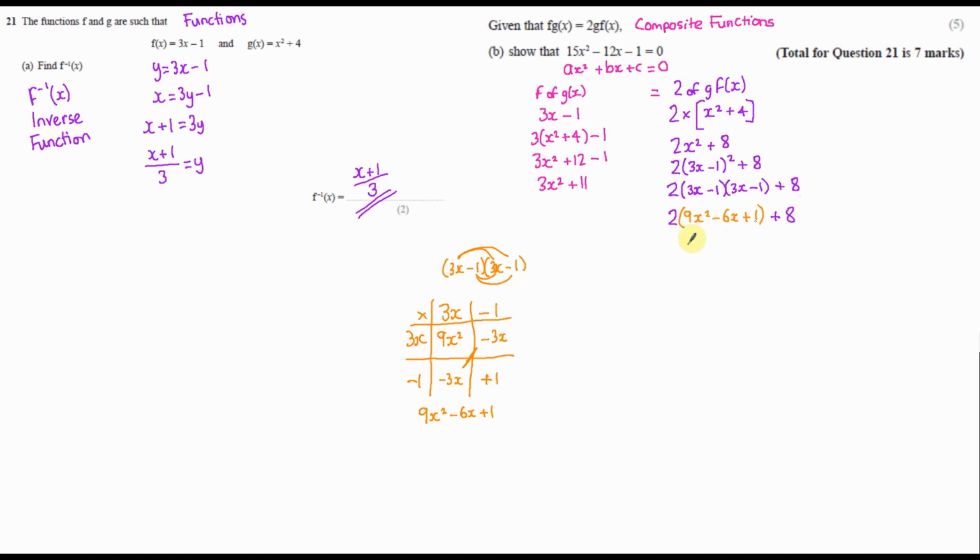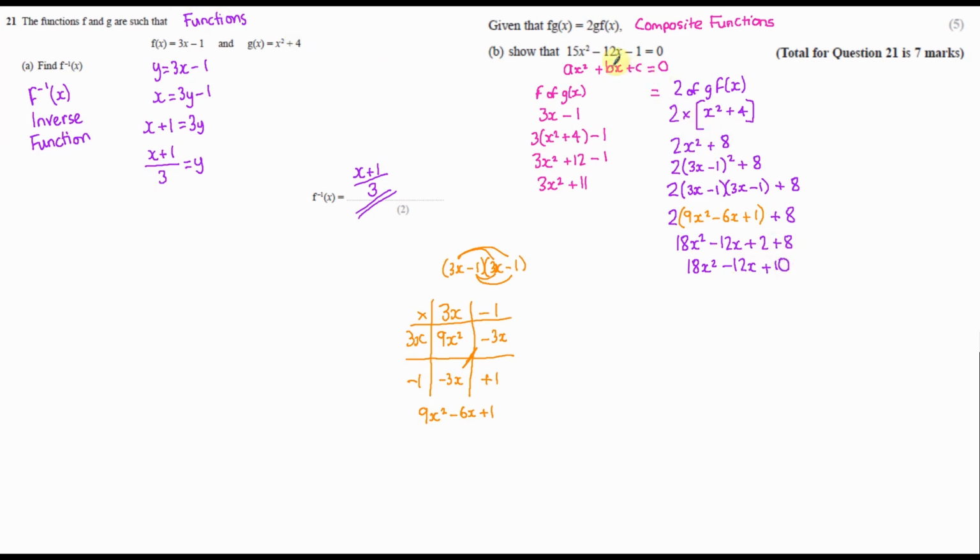And if you expand and simplify that out, 2 times each one of these individually, so that gives us 18x squared. 2 times minus 6x is minus 12x, and 2 times 1 is plus 2 plus the 8, and then that simplifies to 18x squared minus 12x plus 10.